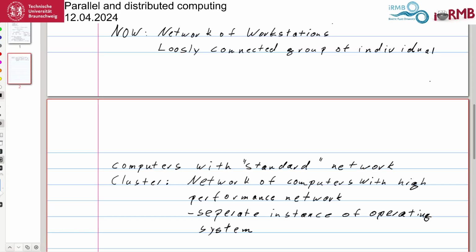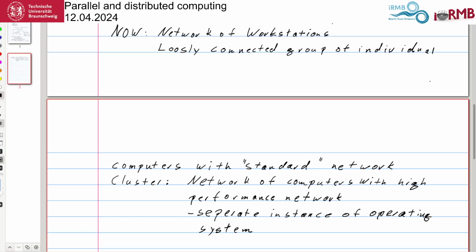There are usually no screens and no keyboard connected to these things. They are physically close so that the network can be fast, but they are still individual compute nodes, so individual processors, and they may or may not have individual hard drives.